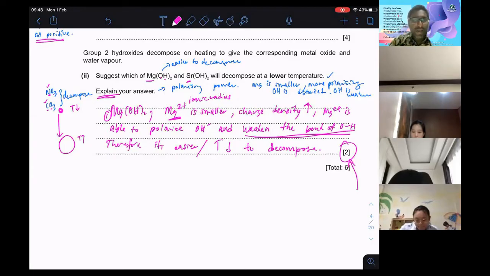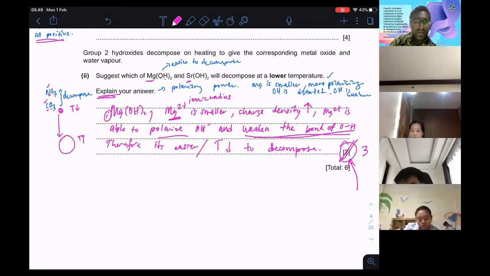It is better to write it down because these marks can fluctuate. If they decide to give you 3 marks instead of 2 marks, then weakening the bond will be one of the key points that they will look for in awarding you the mark. So it means polarize and then weaken the bond. Please take note as well. But in this case, no need.